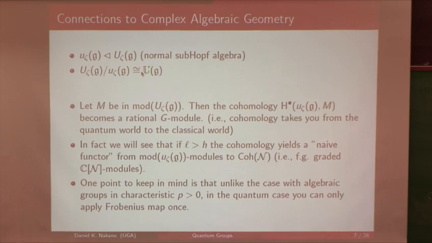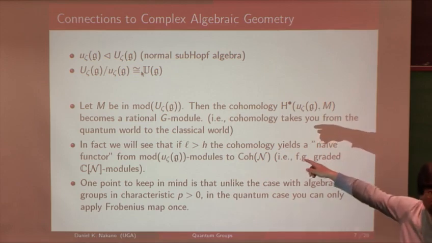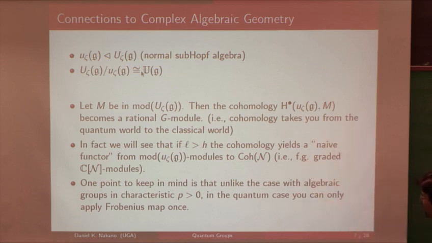Each piece is finite dimensional, so it's actually a rational module for the algebraic group. So when I start with a quantum group module and apply cohomology, I get out of the world of quantum groups and into the world of representations for a complex semi-simple Lie algebra.